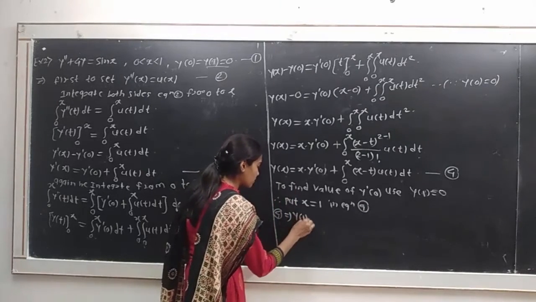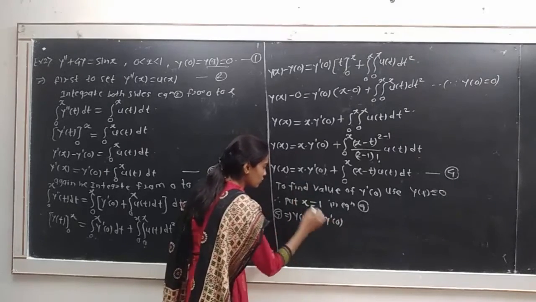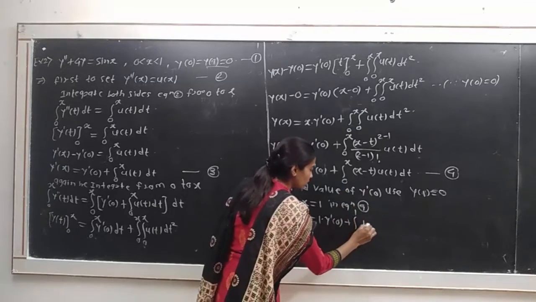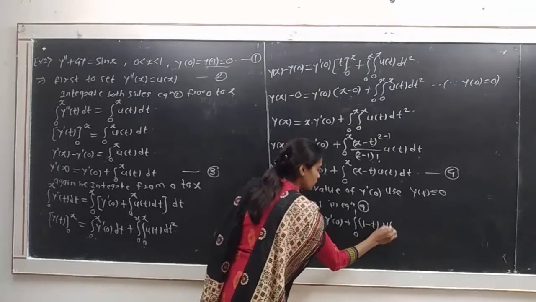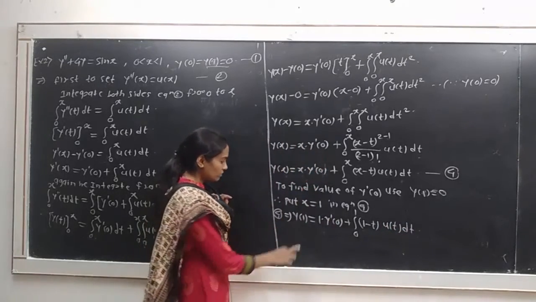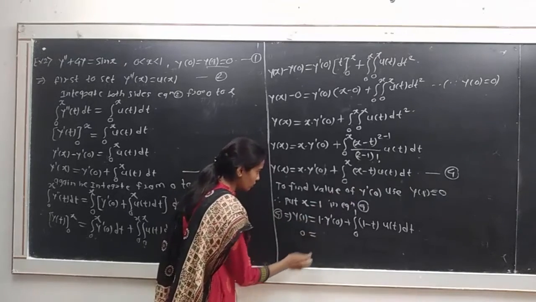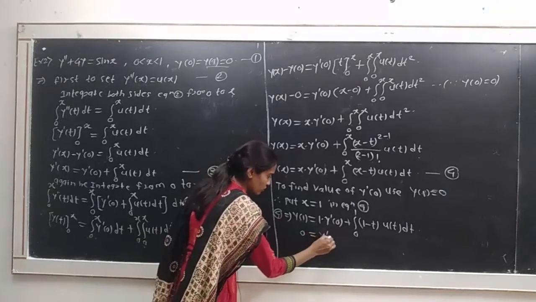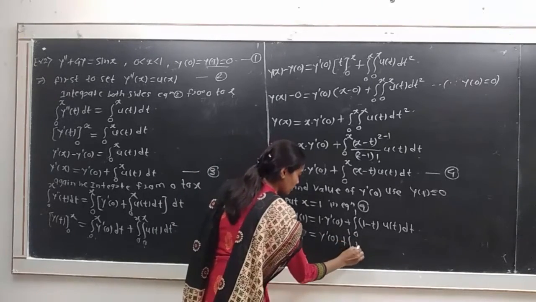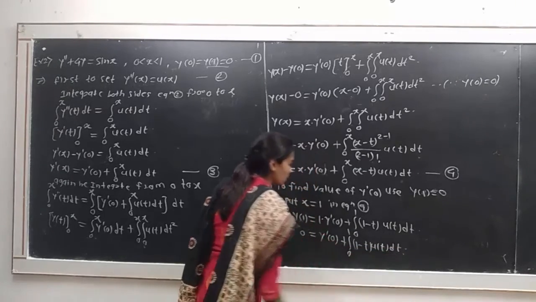we get y of 1 is equal to 1 into y dash of 0, x will be 1, plus integration from 0 to 1, x will be 1 here also, 1 minus t into u of t dt. Okay, then y of 1 will be 0, that is we get 0 is equal to 1 into y dash of 0, that is y dash of 0 plus integration from 0 to 1 of 1 minus t into u of t dt.